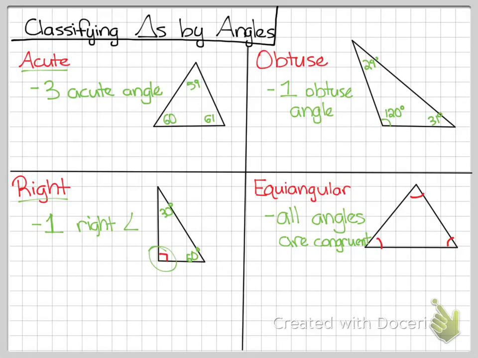If we know that the sum of a triangle has to be 180 degrees, and all 3 of these angles measure the same, they all add up to 180, so that means that each one of these angles has to be 180 divided by 3, since they're all the same. If you work that out, that's 60 degrees. So every angle in an equiangular triangle measures 60 degrees. That's worth noting.